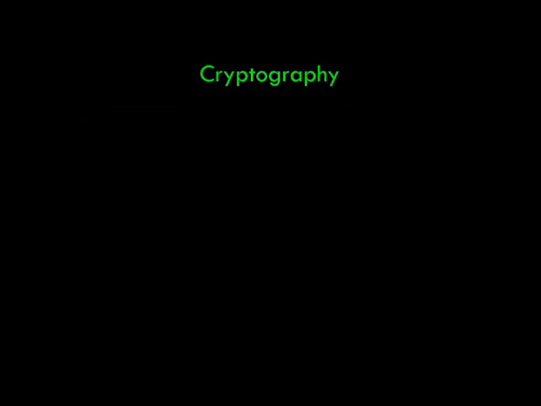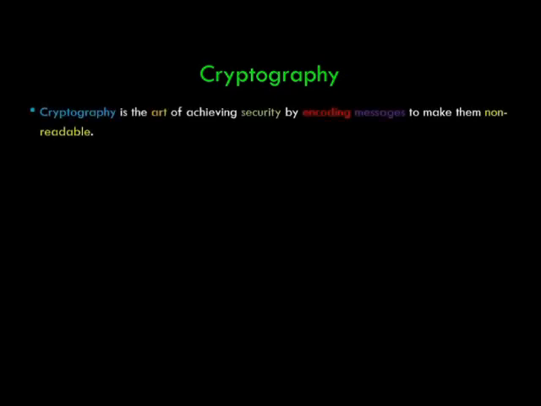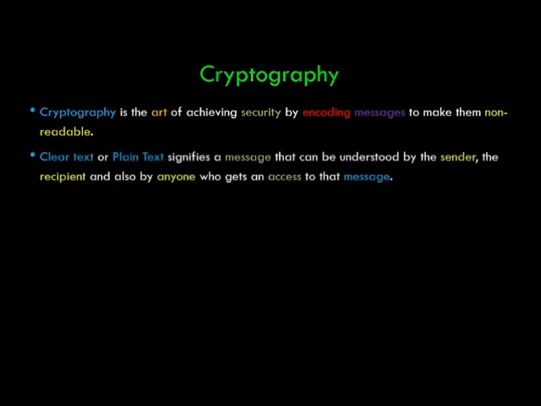Now we have to understand some definitions. Cryptography is defined as the art of achieving security by encrypting messages. Plain text, or clear text, signifies a message that can be understood, and it will be further converted with the help of some techniques.